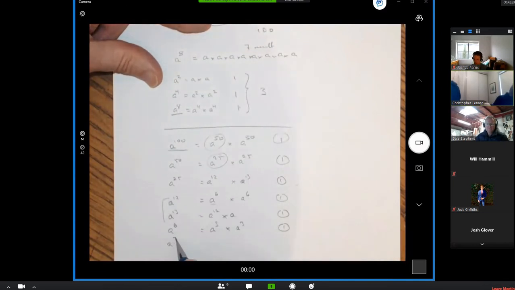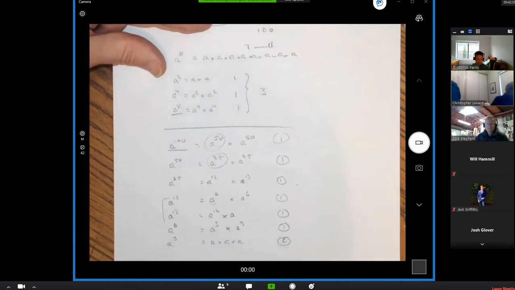Probably the only thing I could really do is a times a, which is 2. So if I can compute a cubed using 2, then I can get a to the 6, which is another one. Then a to the 12 would be another one. Then a to the 13 would be using a to the 12 times a.